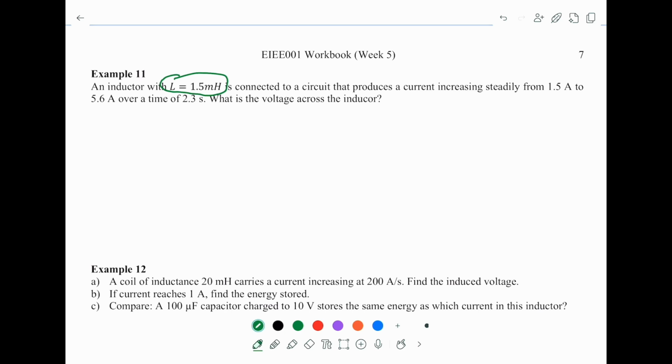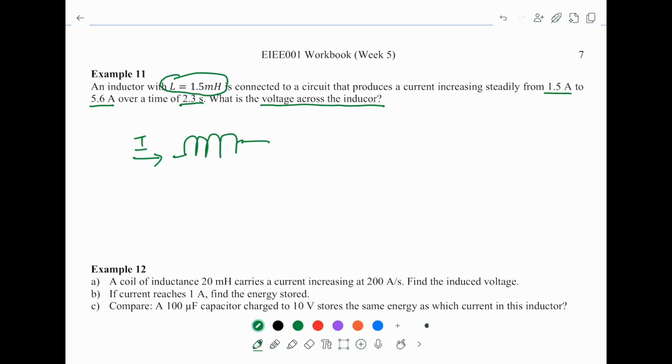Number 11: an inductor with L equal to 1.5 milli Henry is connected to a circuit that produces a current increasing steadily from 1.5 ampere to 5.6 ampere over 2.3 seconds. What is the voltage across the inductor? If the current passing through the inductor increases, that will induce an EMF.